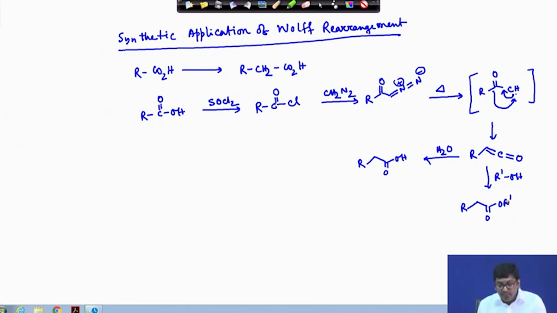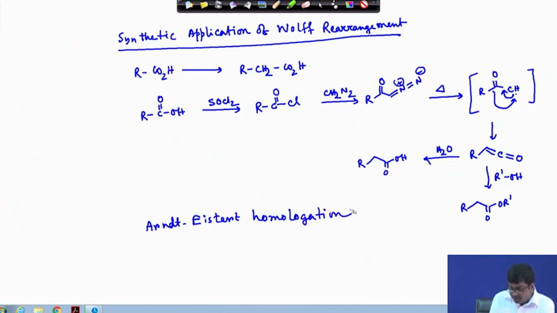This is one of the beautiful applications of the Wolff rearrangement, where 1 carbon homologation is possible from the corresponding carboxylic acid, and this is called acid and ester homologation. This method is called Arndt-Eistert homologation.